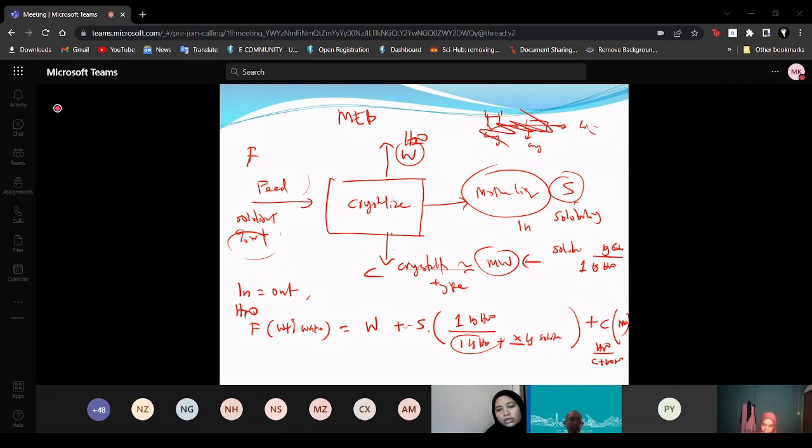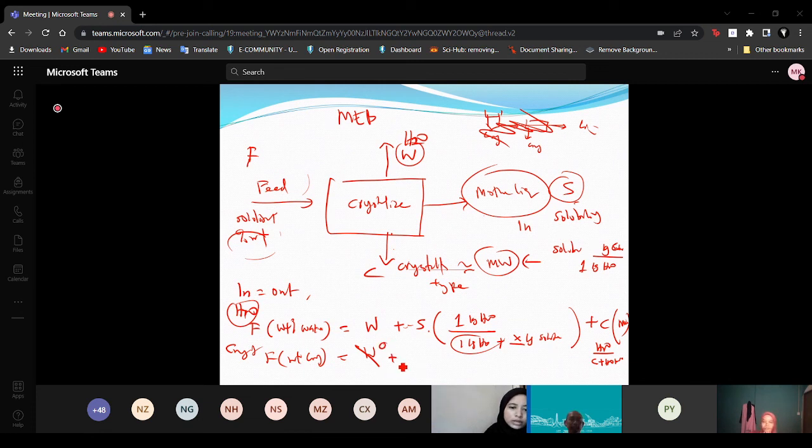Okay, this is your balance for water. And then you do the balance for crystal. Okay, for crystal you have F times the weight percent of crystal, which equals W. Does W have crystal? No, normally you don't have any crystal going out as evaporating. The crystal is only at the bottom. So W will be 0.